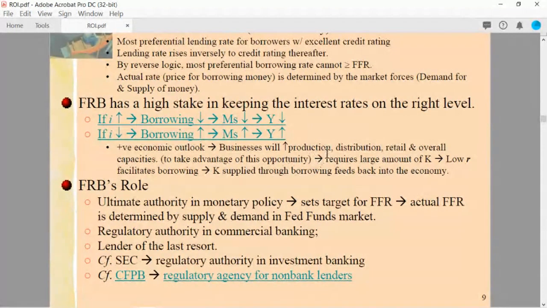But the Fed funds rate, once again, the Fed funds market is not the Federal Reserve. The Fed funds market is actually the market for borrowing and lending between the commercial banks.